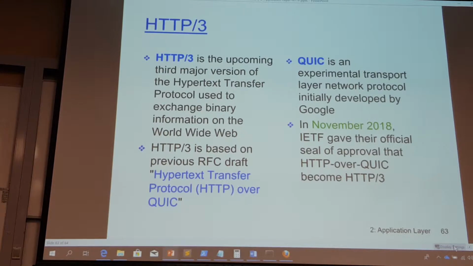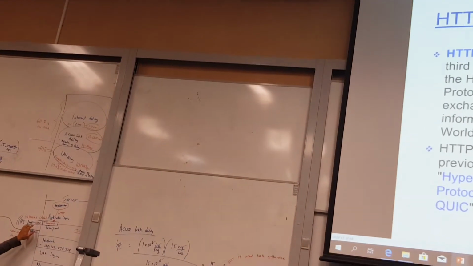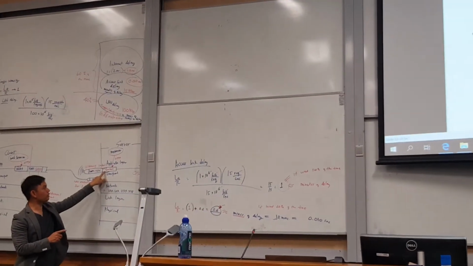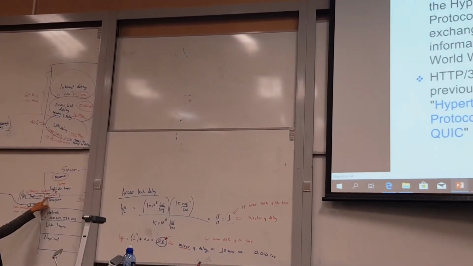And what's more interesting is that HTTP will no longer make use of TCP. It's going to make use of, where's TCP? This is TCP. This is TCP socket. In their proposal, they want to use a QUIC protocol.